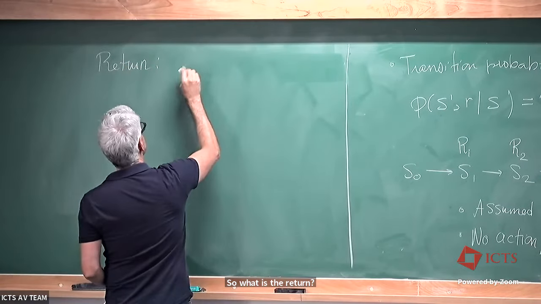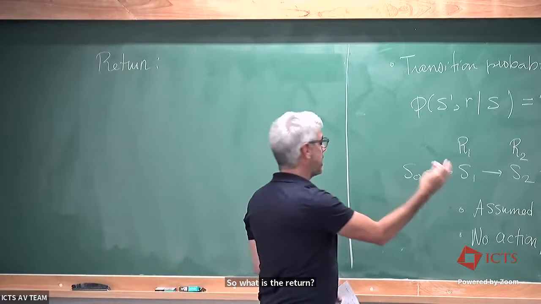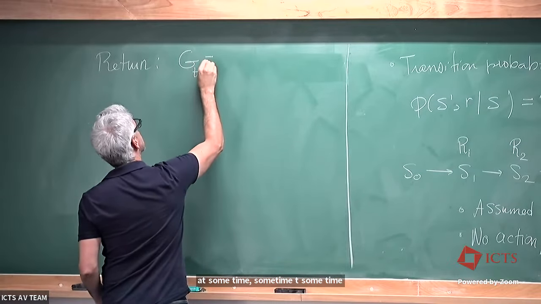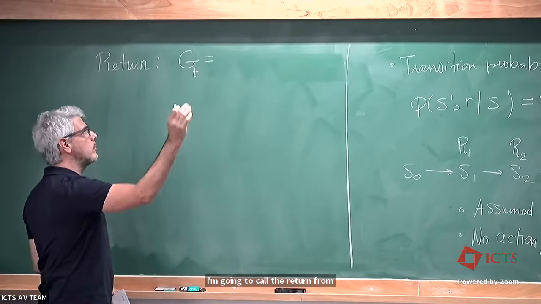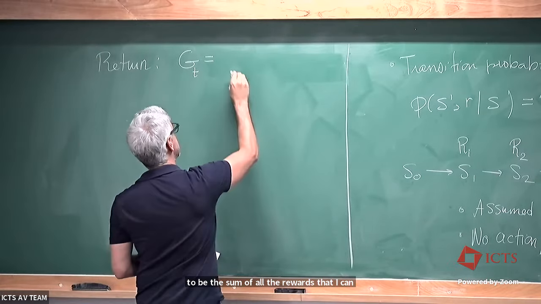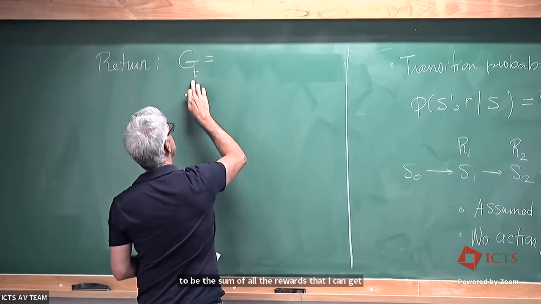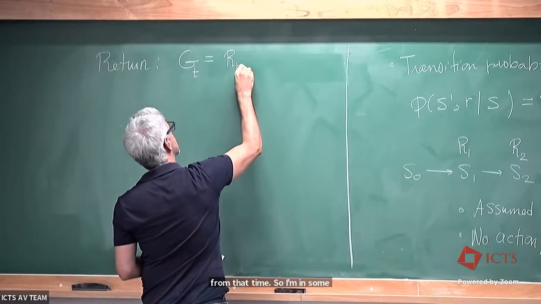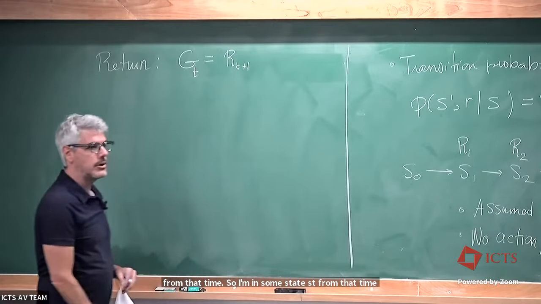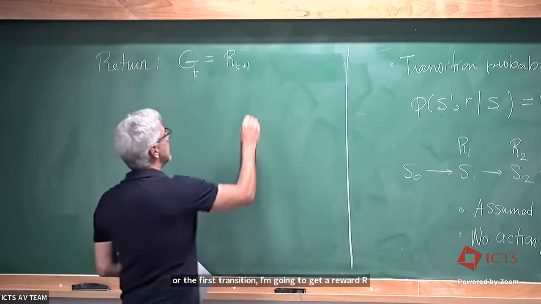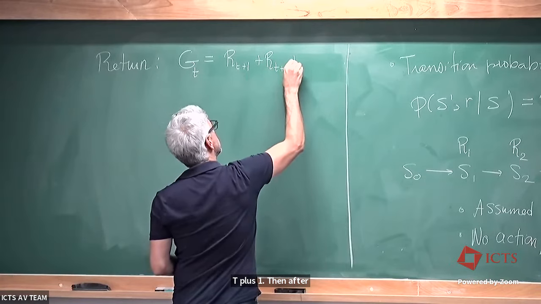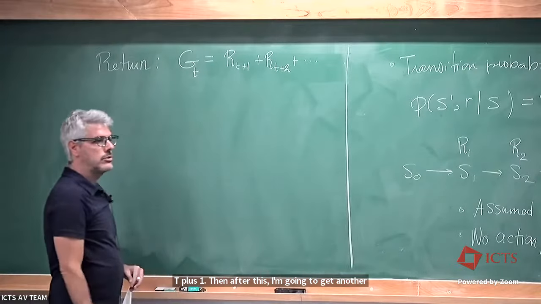Suppose I fix myself at some time t. I'm going to call the return from t to be the sum of all the rewards that I can get from that time. So I'm in some state s_t. From that time for the first transition, I'm going to get a reward r_{t+1}. Then after this, I'm going to get another reward at t+2, and then so on all the way to the future.